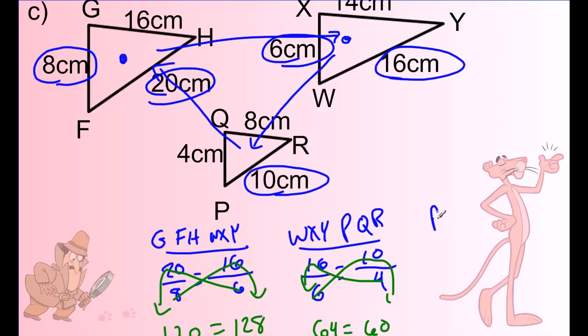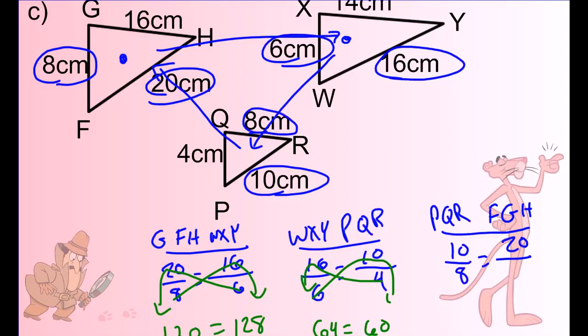Which hopefully means it's the last two. It would be this P, Q, R, and F, G, H. So let's see. Proportion. Corresponding sides are 10 corresponds to 20, and, oopsie, not 8, undo, 4 corresponds to 8.